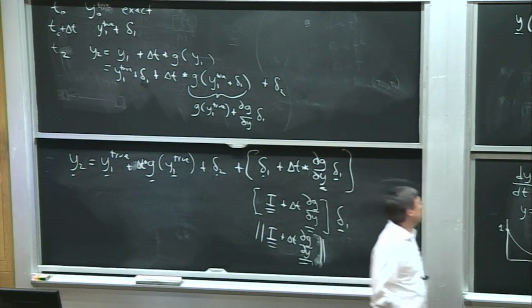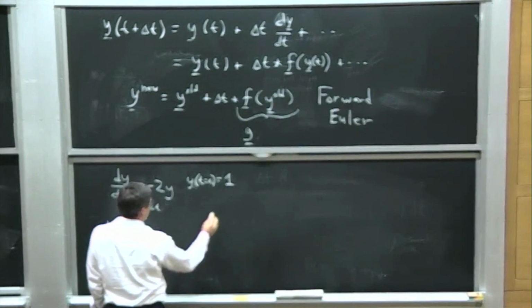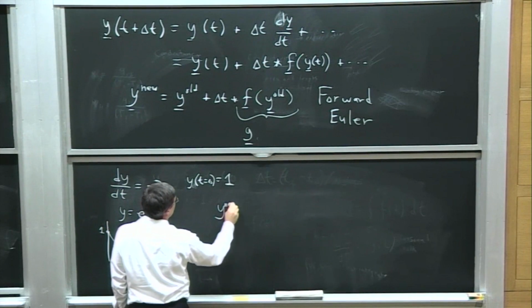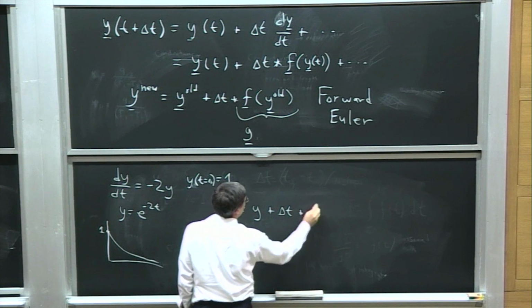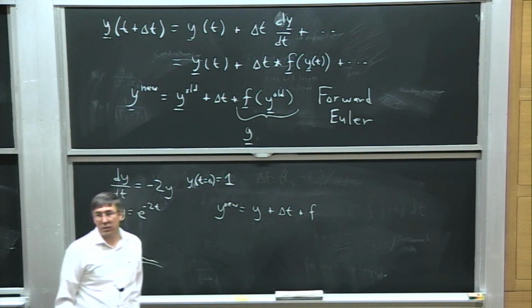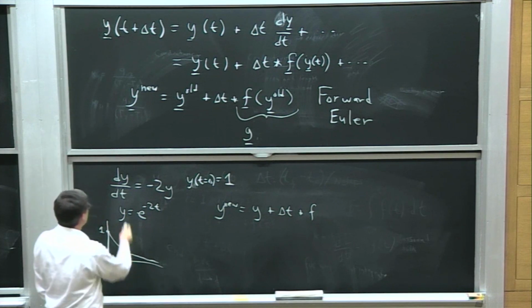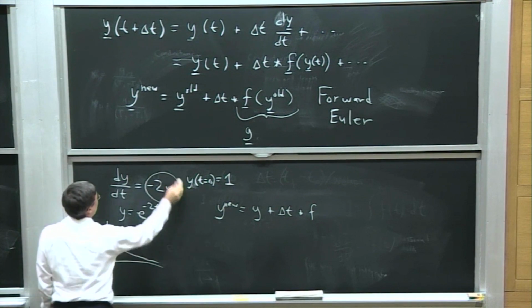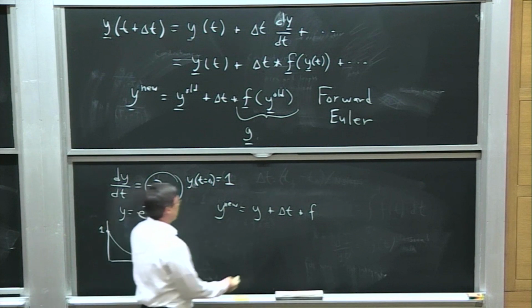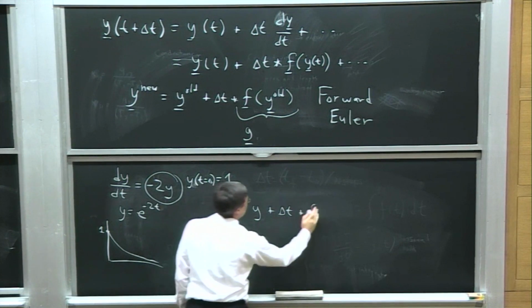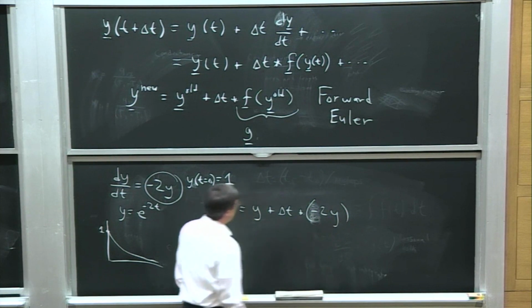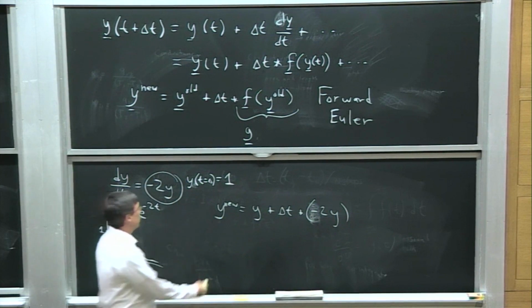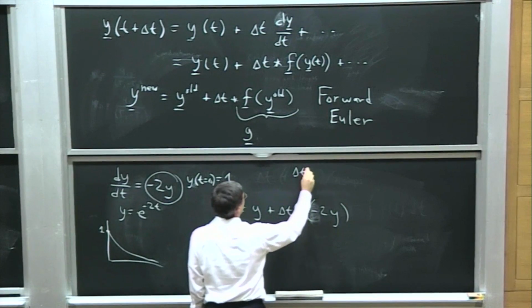So now let's solve this with the forward Euler method. So I'm going to say that y new is equal to y plus delta t times f. Right. So in this case, this is f, right there, negative 2y. All right, so let's choose a delta t, say delta t equals 1 to start with.